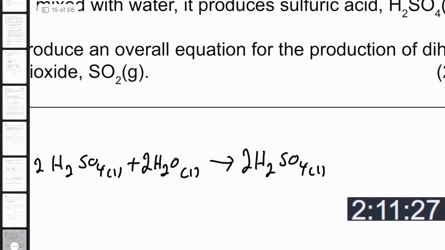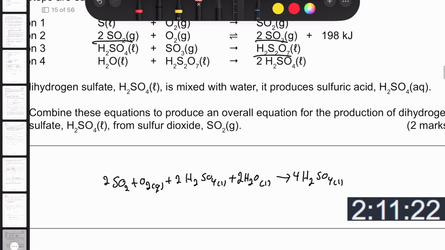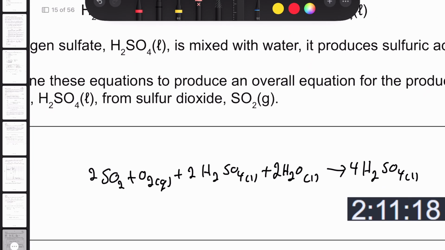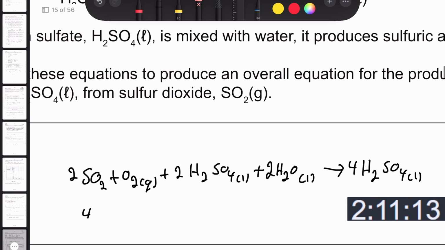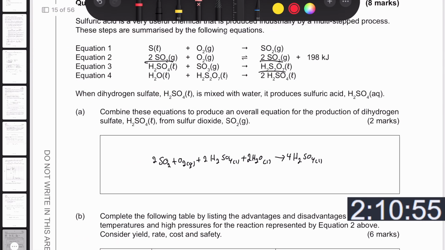And then this will make 4, I think. So let's see, sulfurs. I'm gonna have 2 of, so 4 sulfurs. 4, 6, plus 8 is 14, 16. 16 is good. And hydrogens, I have... yes. Okay, I think that's our equation.